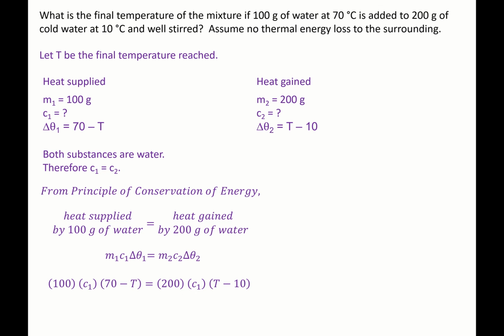Substitute in the values, you realize that C1 cancels itself out on both sides of the equation. Again, this is a physics lesson, this is not a math lesson. I'm not going to show you how to manipulate this equation to get a value of T. You do it yourself. The value of T should be 30 degrees Celsius.